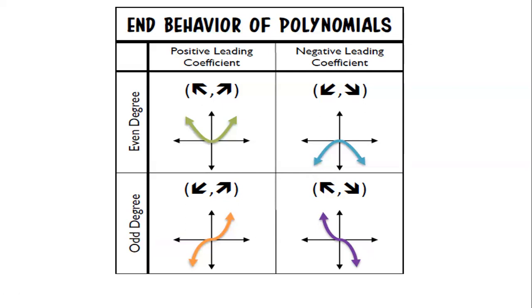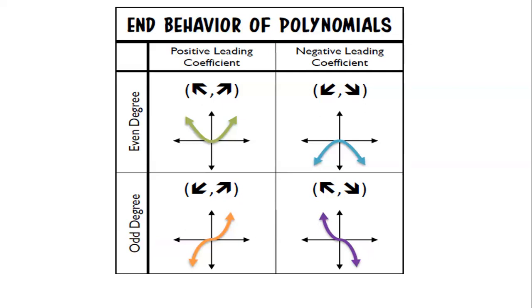All right? Okay, here we go. Let's do some practice. In your notes, you're going to write down the polynomial and we're going to determine its end behavior, and write the end behavior sentence. Ready?